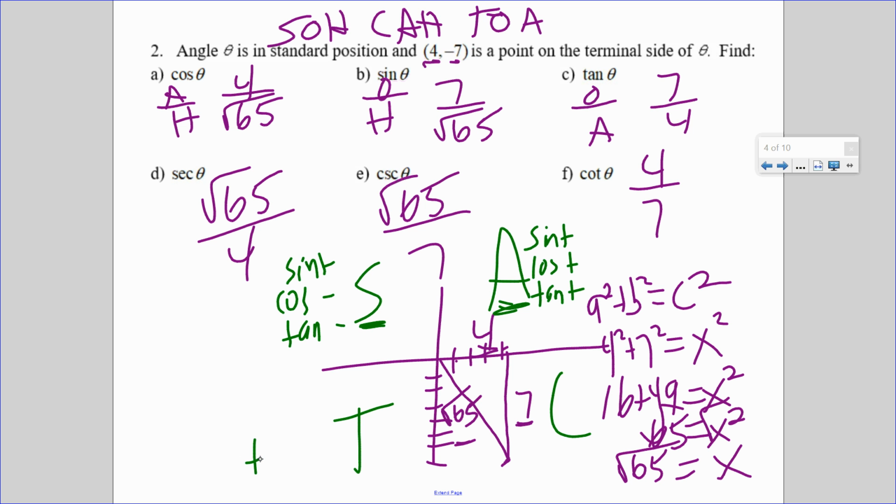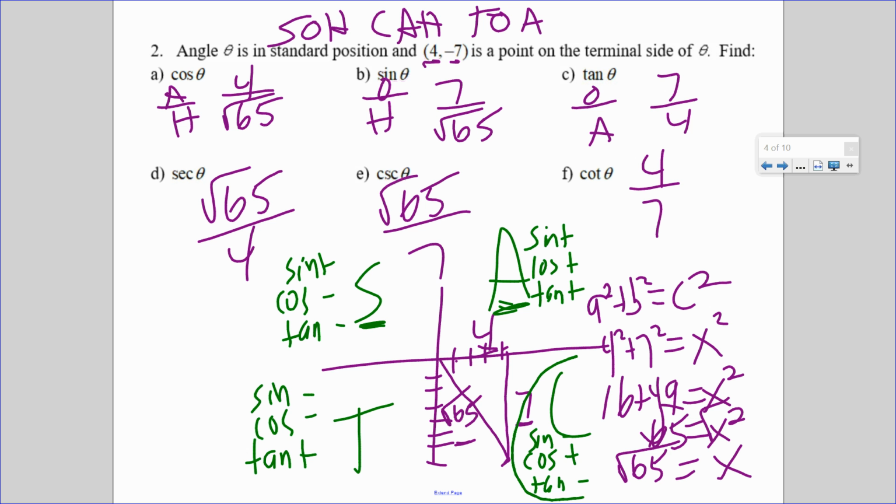T means tan is positive. So in quadrant 3, tan is positive, which makes sine negative and cosine negative. And C means cosine's positive. That makes sine negative and tan negative. So that's what you need to understand about ASTC. We did a whole lesson on it. It's just saying what's positive in which quadrant.